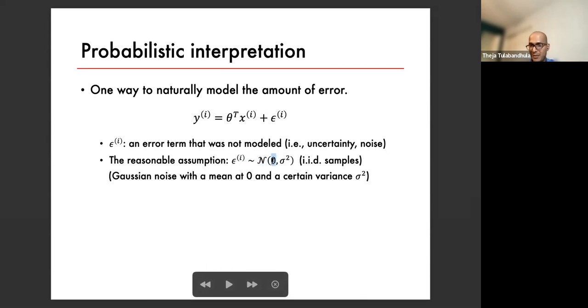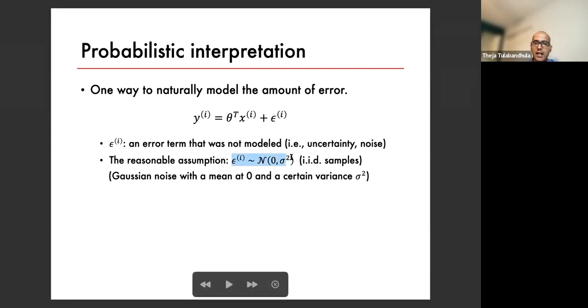The first parameter is the mean value, which is either 0 or some number. The second parameter is the variance, represented here as sigma square. For many of you who have done other courses, sigma is the standard deviation. This is just another Greek symbol typically used to denote the standard deviation. So sigma square is the variance.